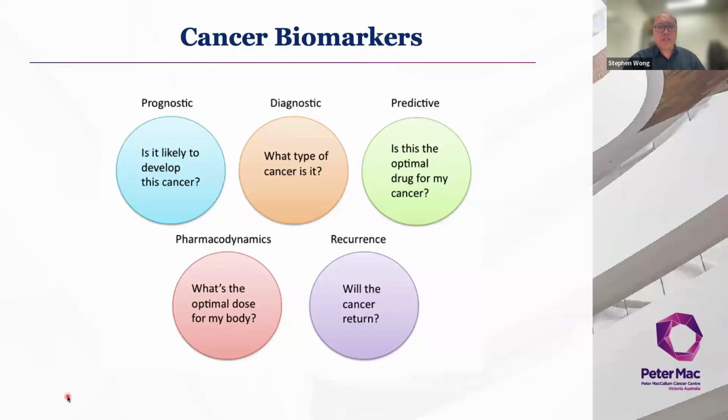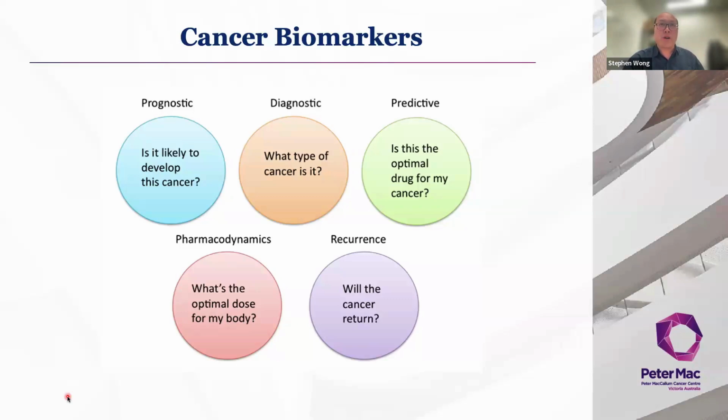I think a good place to begin is to talk about cancer biomarkers in general, which is a substance or process that is indicative of cancer in the body. Importantly, in oncology, it provides a critical point of consideration for the clinical management of cancer patients.